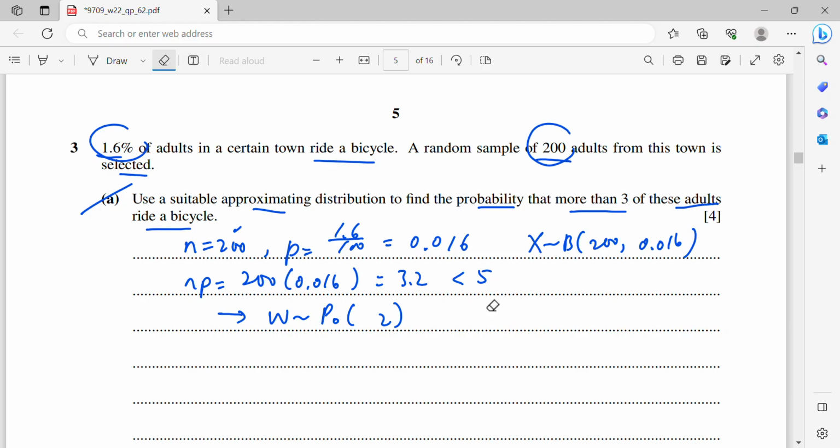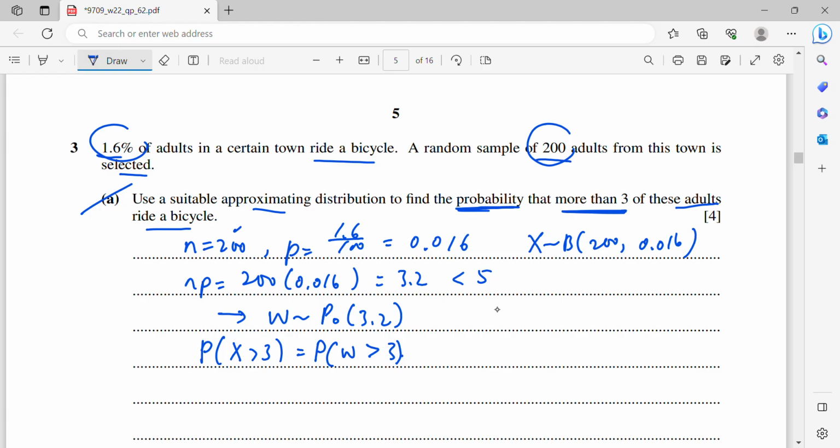Okay, so now we need to count the probability that more than 3 of the adults ride a bicycle. So it means P(X > 3), which is now P(W > 3).